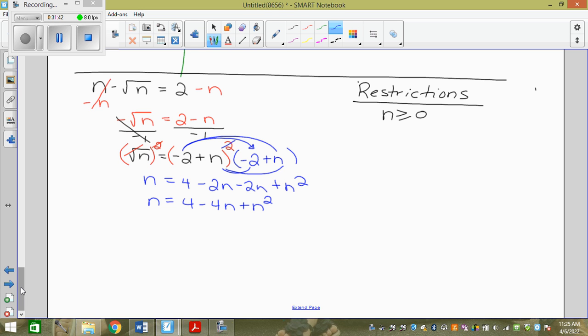The moment I have an n squared, x squared, y squared, m squared, doesn't matter, the moment I have it squared, I must move everything to one side and set equal to 0 every time. I have no options, correct? So what am I going to have to move? The little n that's by itself. It needs to get on the other side so it's equal to 0. So I'm going to subtract n. 0 equals, and then I rearrange it, n squared minus 5n plus 4.